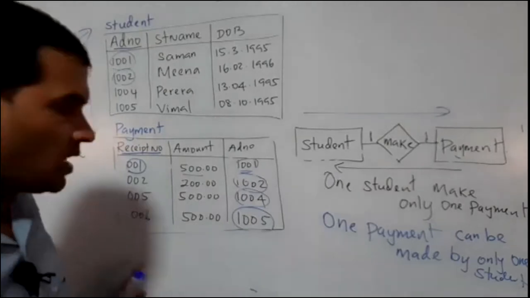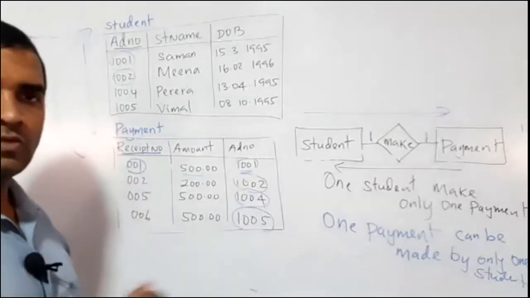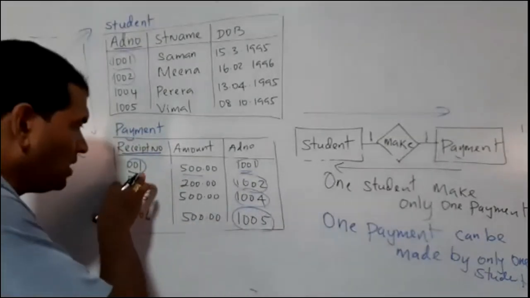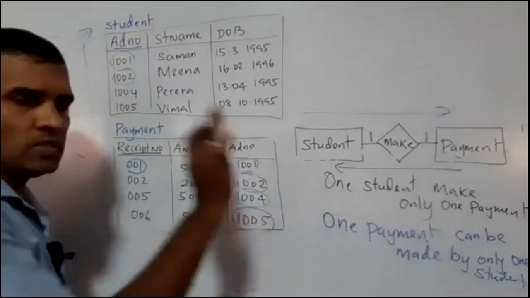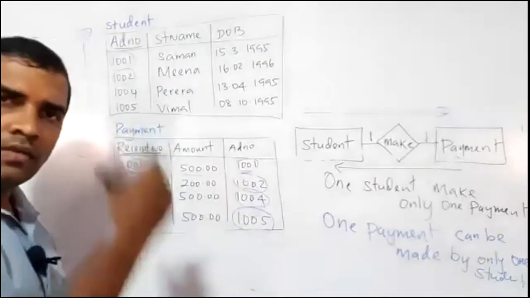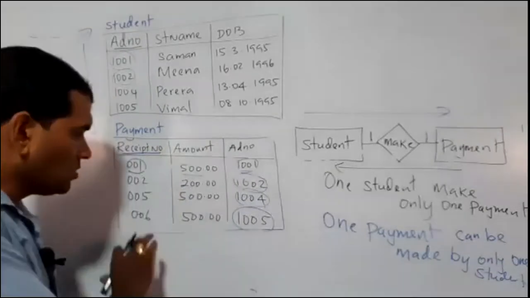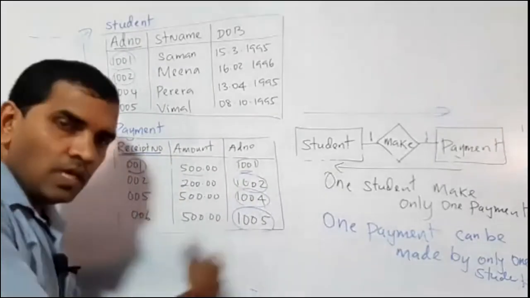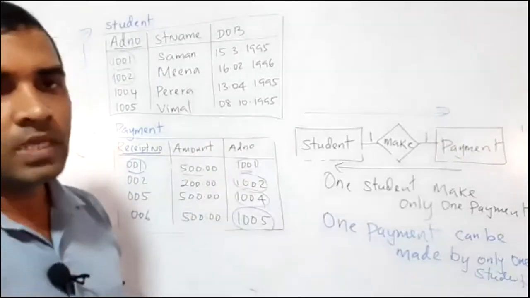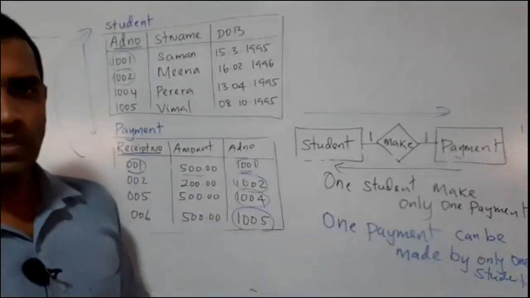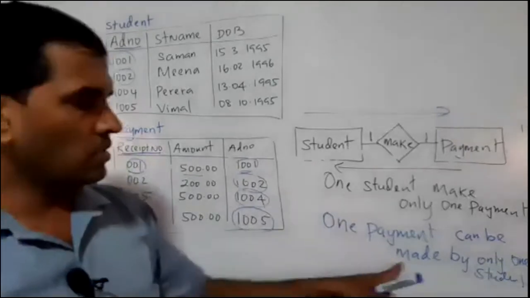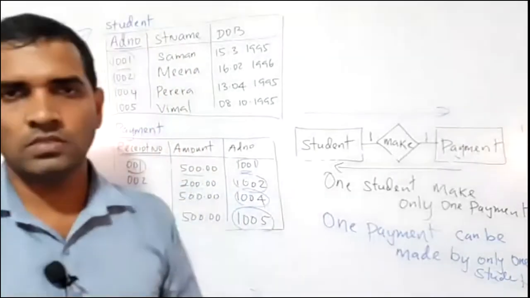You cannot say that a similar record is found. So what is the idea? One payment is made by only one student. You can't argue that 001 is repeated. If 001 is repeated, then you can say one payment is made by two students. That is impossible. So one payment can be made by one student.